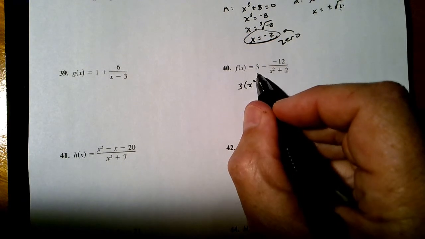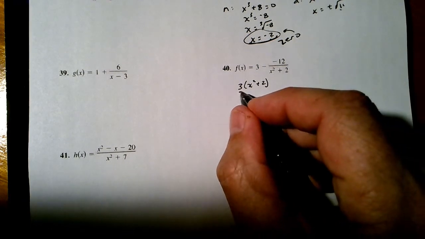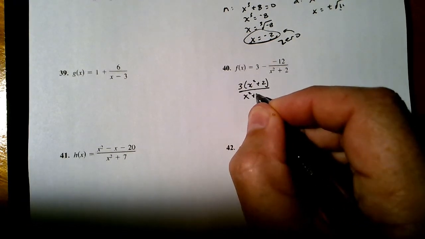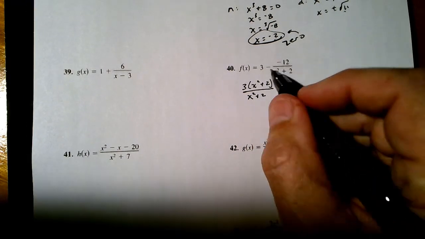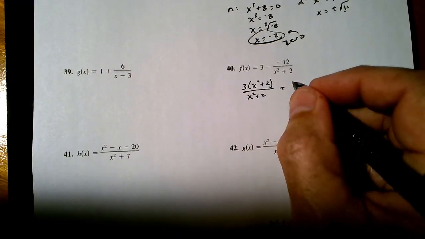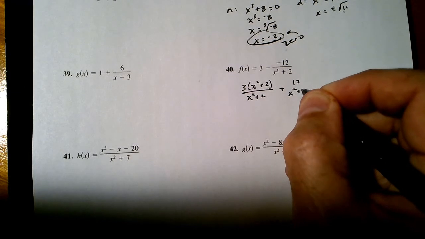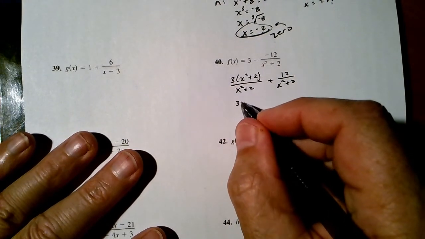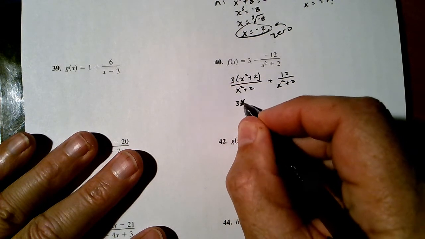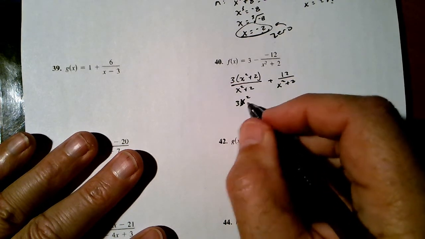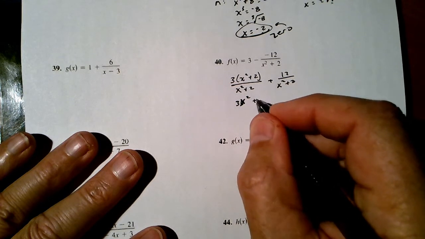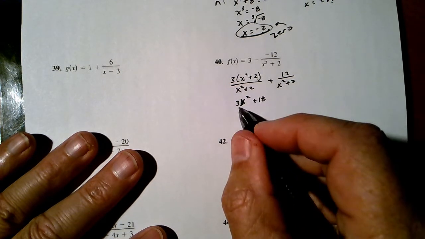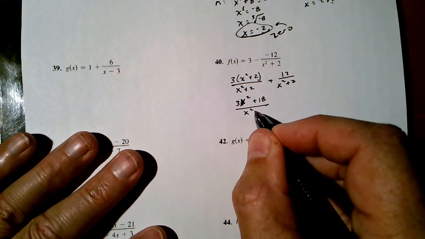Multiply this by x squared plus 2 over x squared plus 2. And minus a negative, that's just plus 12 over x squared plus 2. So let's simplify that. That gives me 3x squared plus 6 plus 12, which is 3x squared plus 18, over x squared plus 2.